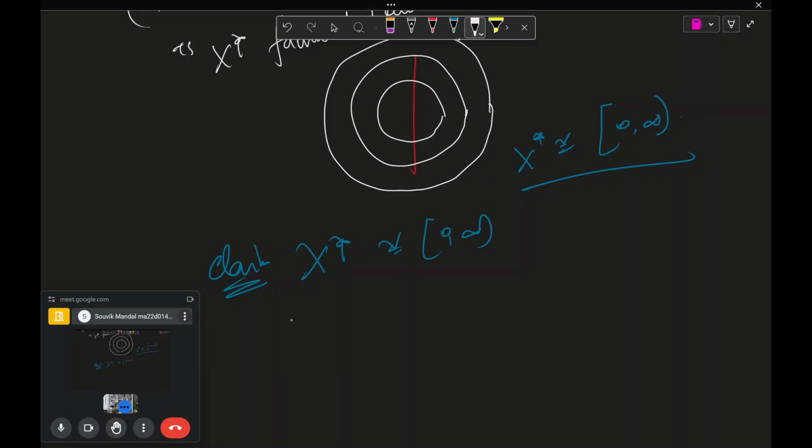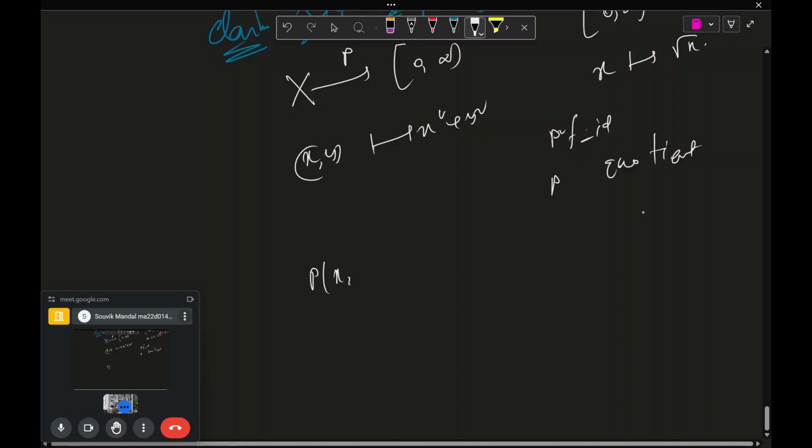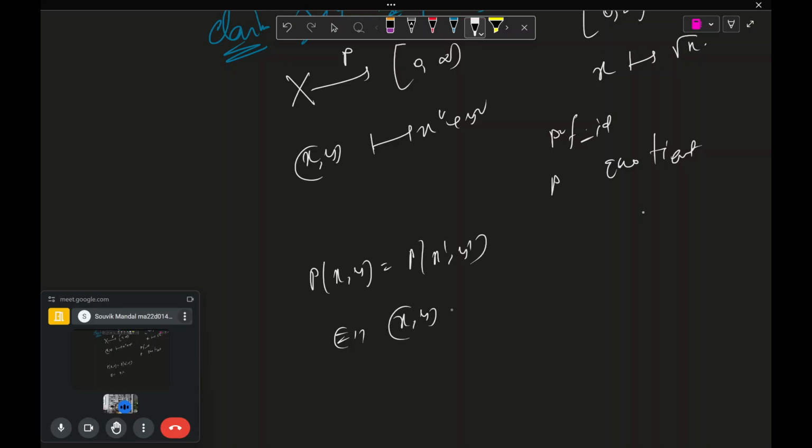So how to prove it? We are going to define a map from this to this: (x, y) goes to x squared plus y squared, and in the reverse direction we define a map where x goes to root over x. Obviously p composed with the reverse map is the identity, so p is a quotient map, and p(x, y) is equal to p(x prime, y prime) if and only if (x, y) is related to (x prime, y prime).